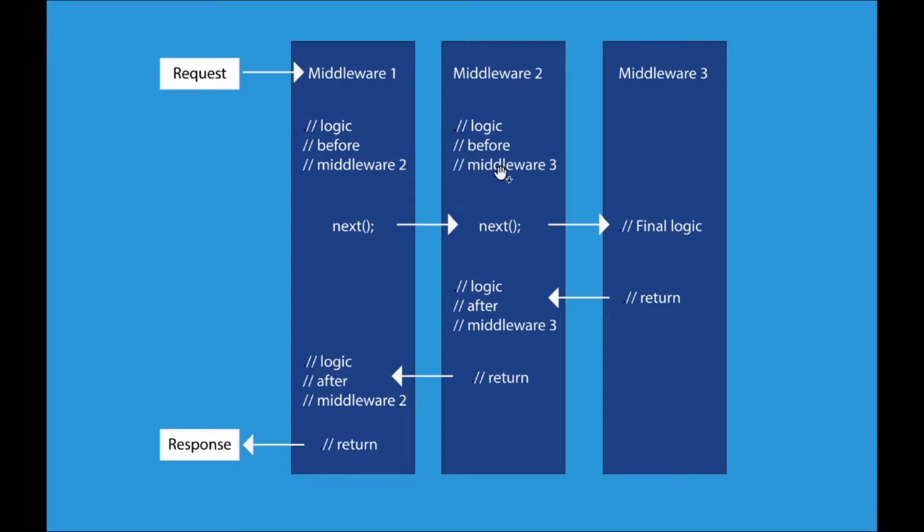Now some more logic is performed in middleware 2 before it is passed to middleware 3. Now middleware 3 does some work and returns the response to middleware 2. Now middleware 2 also performs some logic and then returns it to middleware 1, and then middleware 1 also performs some logic and then returns it to the application. Whoever generated this request receives this response.